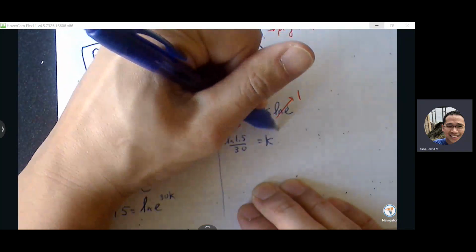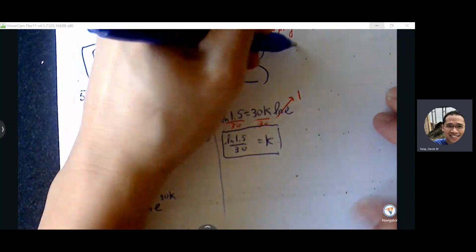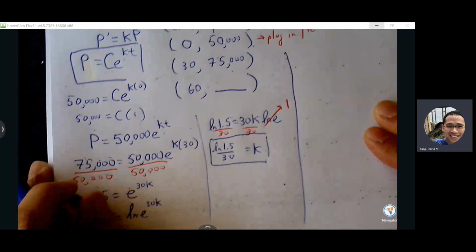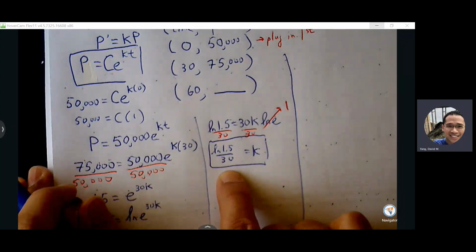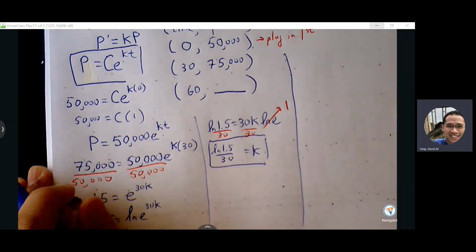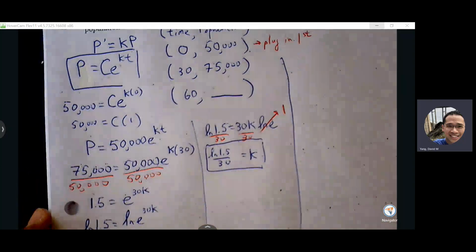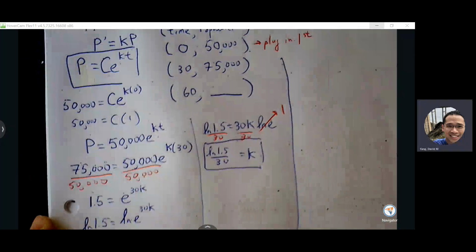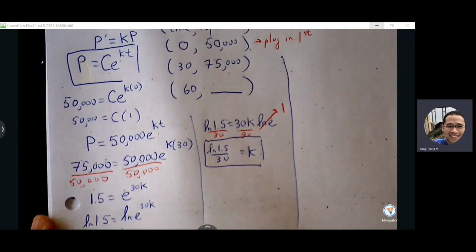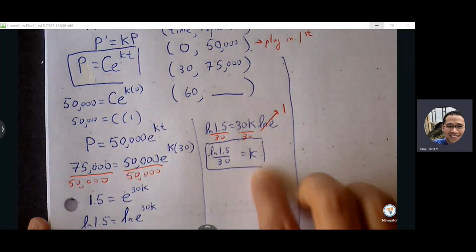I don't want to do the decimal value just yet because I want to hold on to my exact value until the very end. So I'm going to hold on to that K value a little longer. If I get a decimal value, I'm losing my accuracy a bit earlier than I would like. So I'm going to update my equation now.